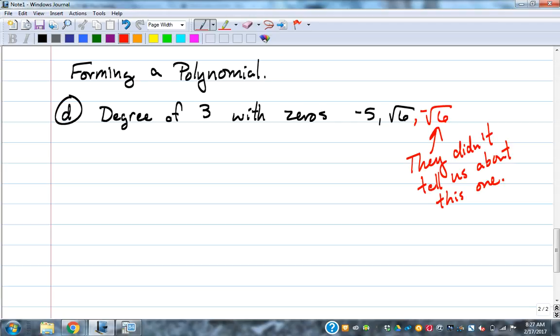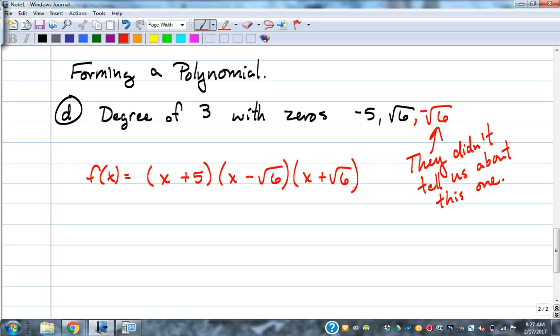All right, so we want to form that polynomial. So to form that polynomial, you're going to start with the factors for those zeros. What's the factor for -5? X plus 5. The factor for the square root of 6. And then there's the factored form.